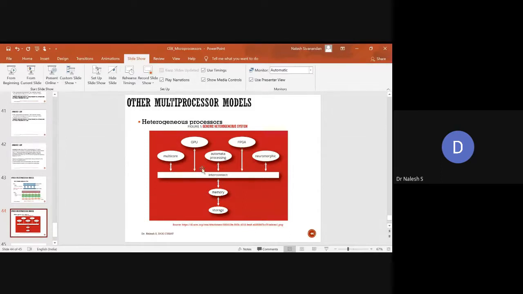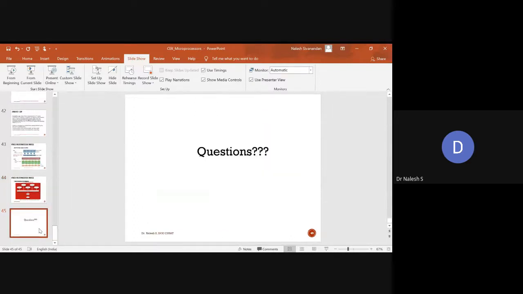We won't go into details of this. This is one of the latest multiprocessor models, again because of some limitations with our transistor scaling technology. So single core, multi-core, heterogeneous processors: that's how the evolution has been happening. I'll stop here and wait for questions.